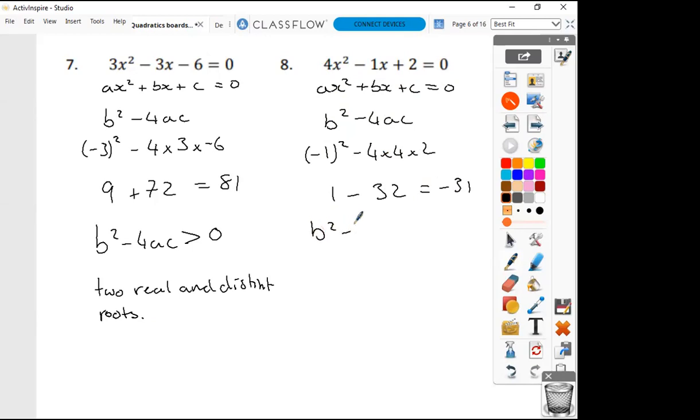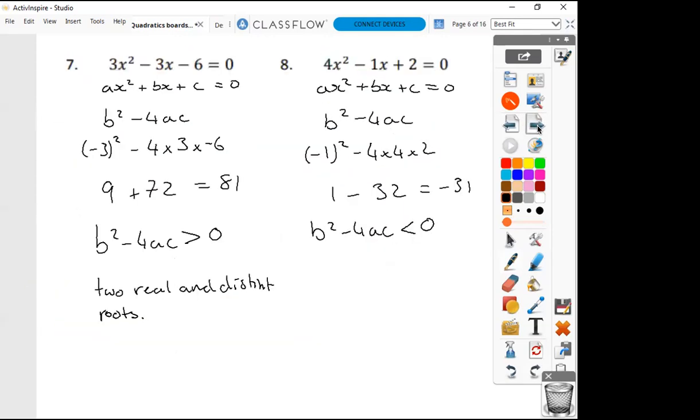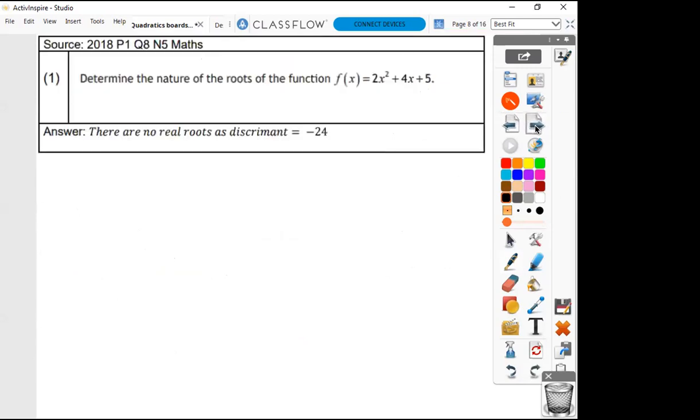Therefore, b squared minus 4ac less than 0 means there are no real roots. Sometimes the question in the exam will simply be that.